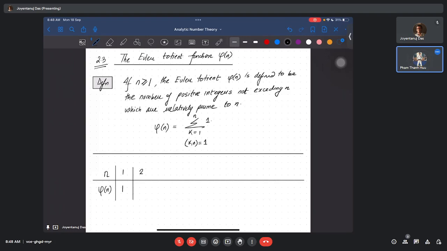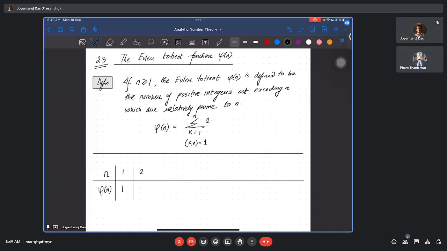For n equal to 2, k is equal to 1 and 2, and we have 2.